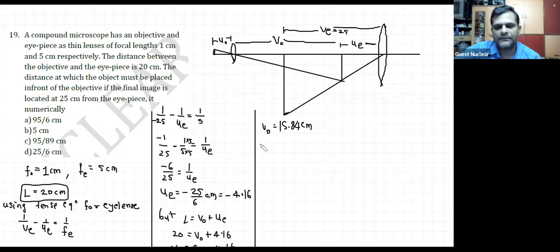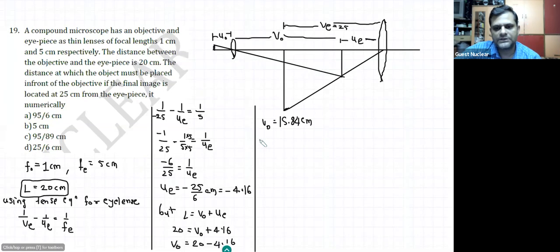So now apply the lens equation once again. For the objective, okay, for the objective we have to use the lens equation, which becomes 1/VO minus 1/UO is equal to 1/FO.